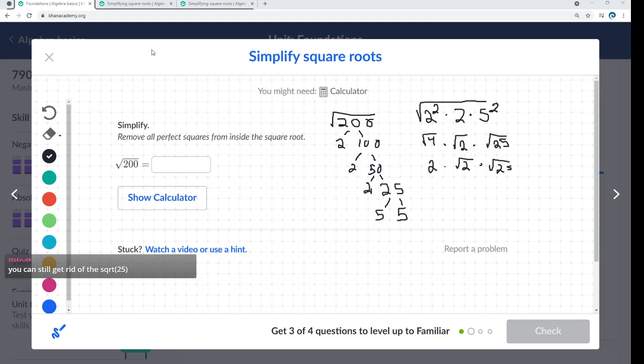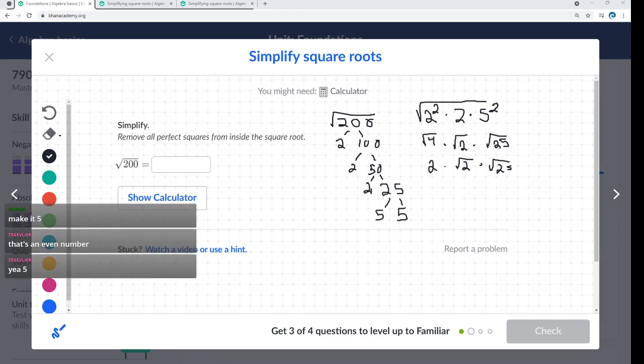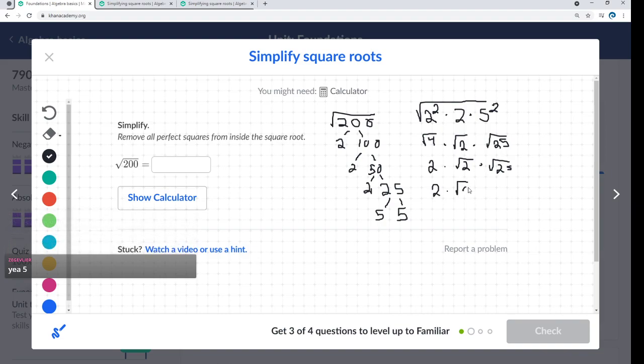How do I do that? Oh, of course. Oh, gosh. Right. Square root. Okay. So that becomes 2. And then that becomes 5.